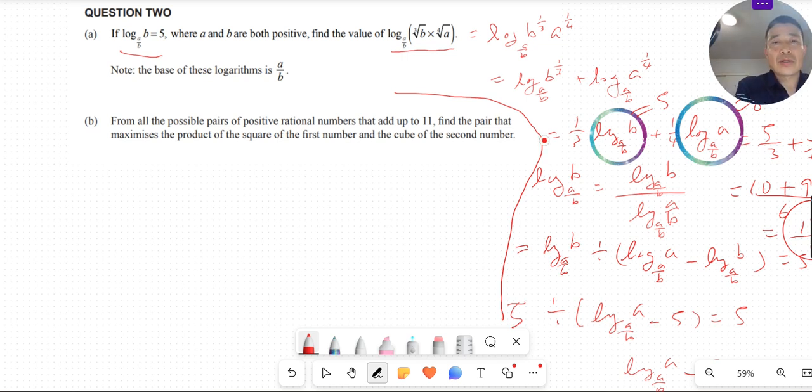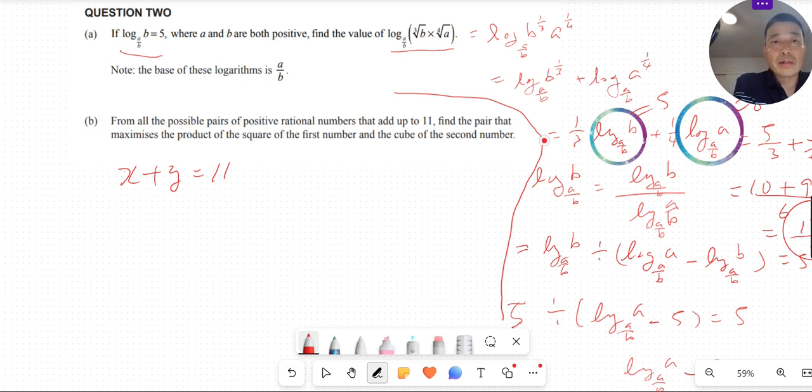Yeah. So say two positive rational numbers are x and y. So x plus y equals 11. That's how you start, right? And then what you have to maximize is the product of these, not just these.